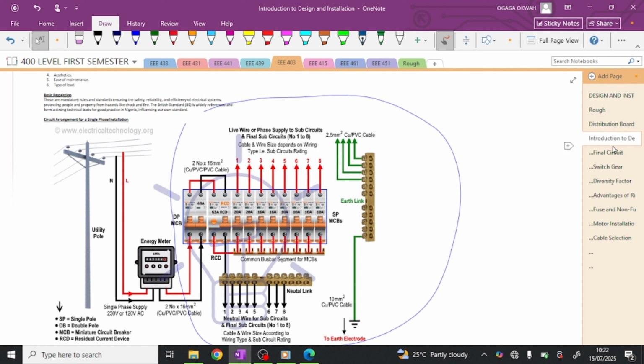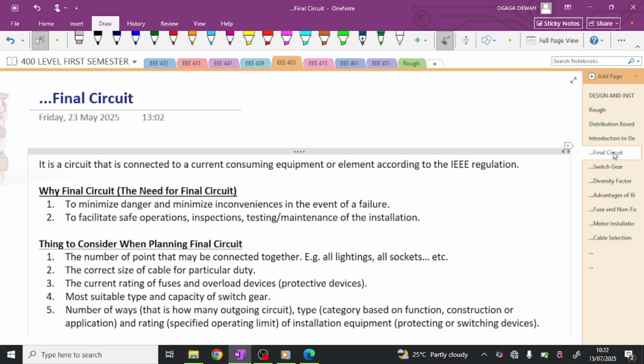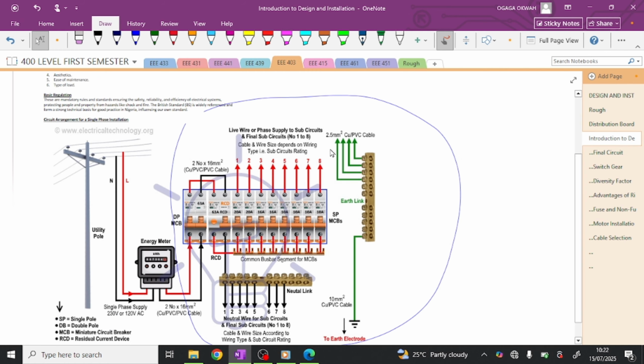So what's the concept of final circuits? When we say final circuits, what do we mean? It is a circuit that is connected to a current consuming equipment or element according to the IEEE regulation. No matter how complex that sounds, just look at this diagram and you get the concept.